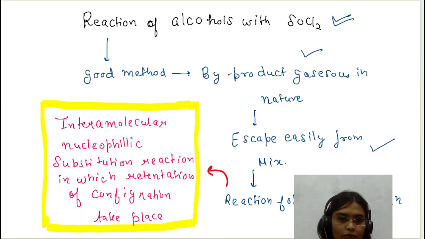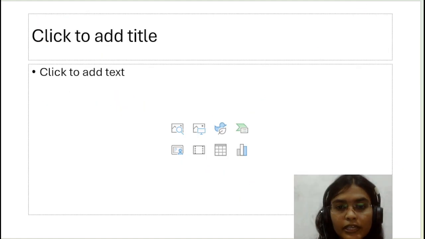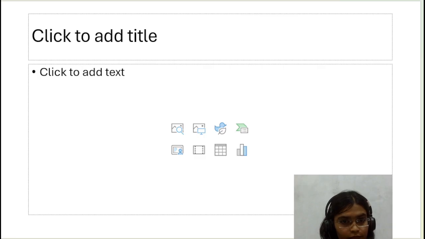Now maybe the next question is, ma'am, what is the meaning of this word, retention of configuration? So let's try to understand this point as well, what is the meaning of retention of configuration. For example, let's suppose there is some carbon here.